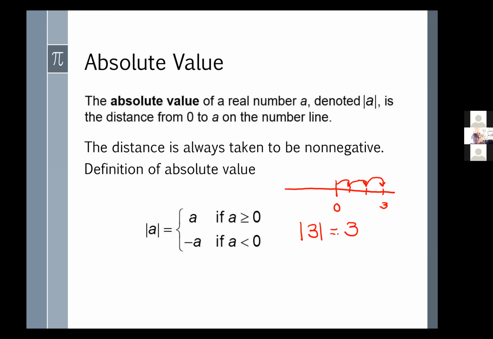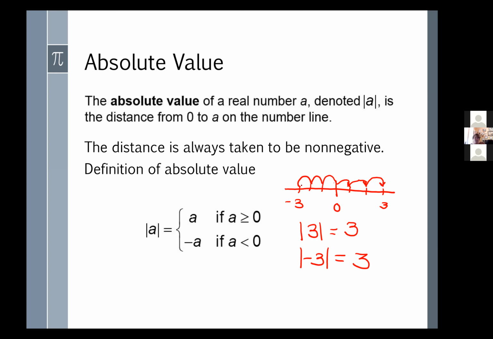So absolute value is a distance. And because it's a distance, it's always positive. So the absolute value of -3 is 3 because -3 is 1, 2, 3 units from 0 on the number line.